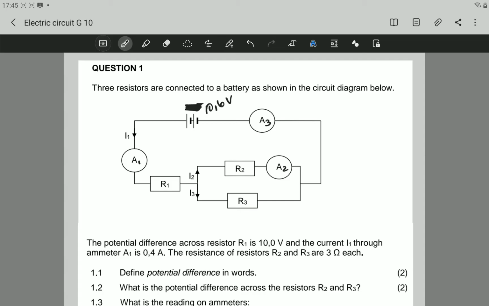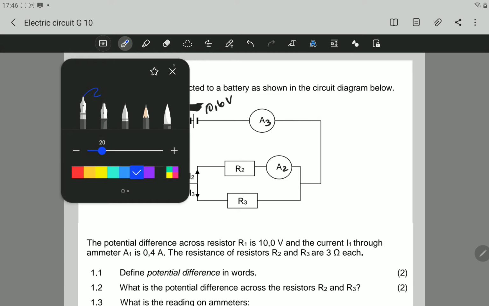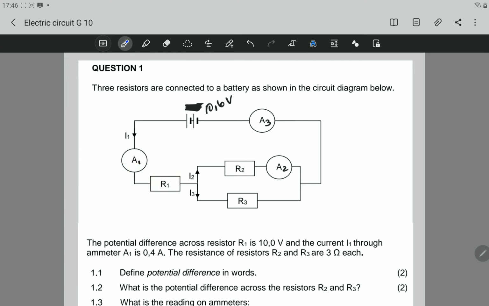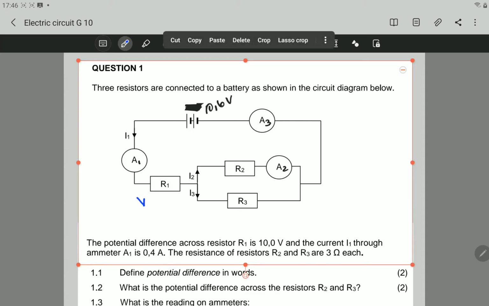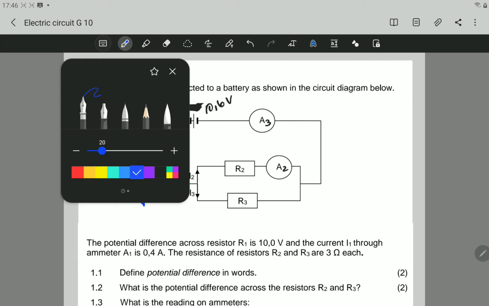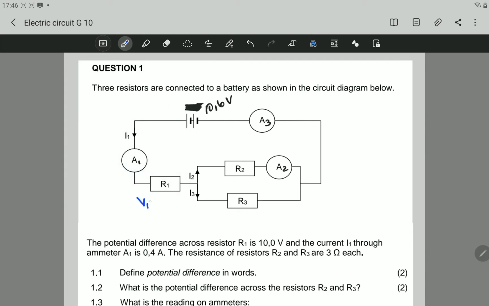The potential difference across resistor R1 is 10 volts and the current I1 through ammeter 1 is 0.4 amperes. The resistances of resistors R2 and R3 are 3 ohms. So let's write on the circuit all the data we have. The potential difference across R1, I'm going to call it V1, is equal to 10 volts.